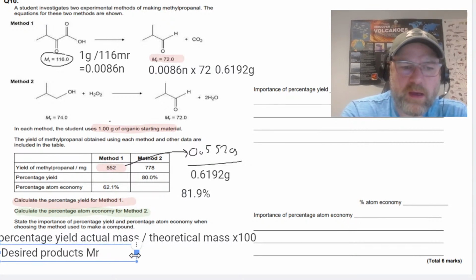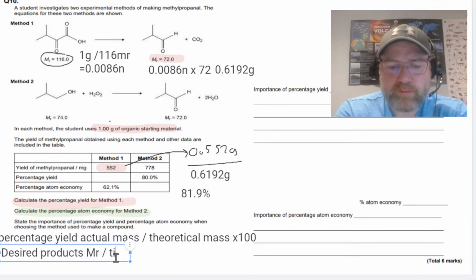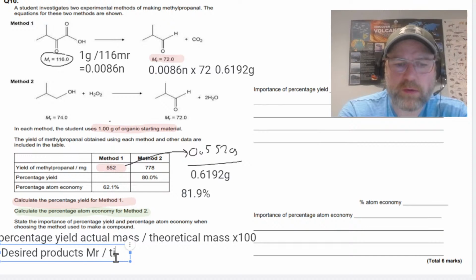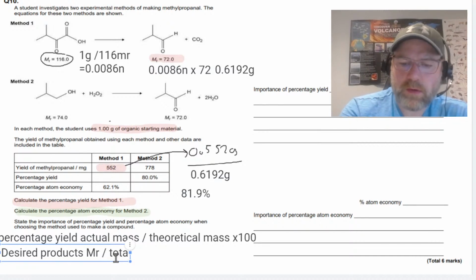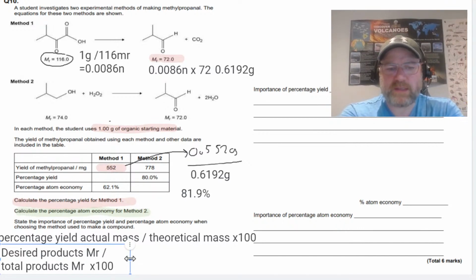There are some coefficients here actually. Divided by total products MR. And then we're going to times that by 100 to make it a percentage.